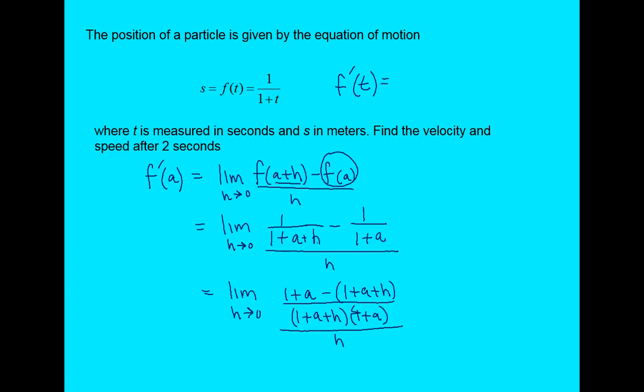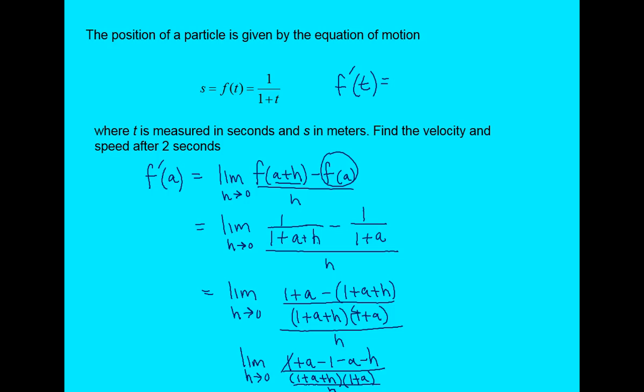If we simplify, we would have the limit of 1 plus a minus 1 minus a minus h, all divided by 1 plus a plus h times 1 plus a, divided by h as h goes to 0.